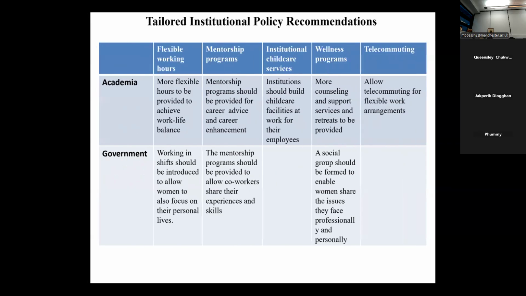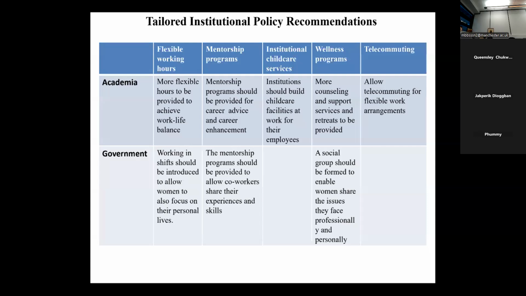Through this tailored institutional policy recommendation, we can see flexible working hours is highly prioritized by the respondents, and combined with it, the next is the mentorship program. More women should be encouraged to have a mentorship program where they can increase in knowledge, become familiar with and have a better understanding of their work and how to balance it with their family.